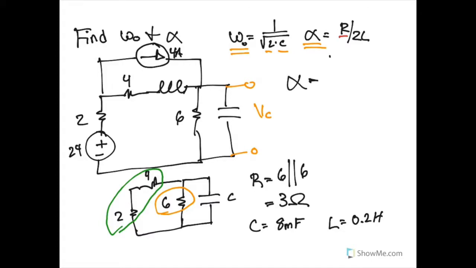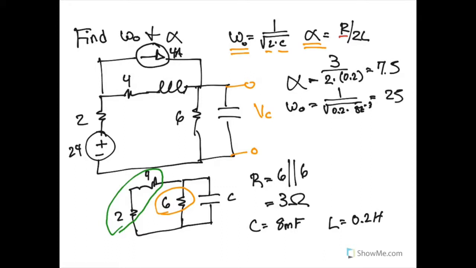And so alpha is going to be 3 divided by 2 times 0.2, which provides us a value of 7.5, and omega naught is going to be 1 over the square root of 0.2 times 8 milli, so 8 times 10 to the negative 3, and gives us a value of 25. Now, from here, we know that the resonant frequency is greater than the dampening coefficient, so that means that our circuit is underdamped.